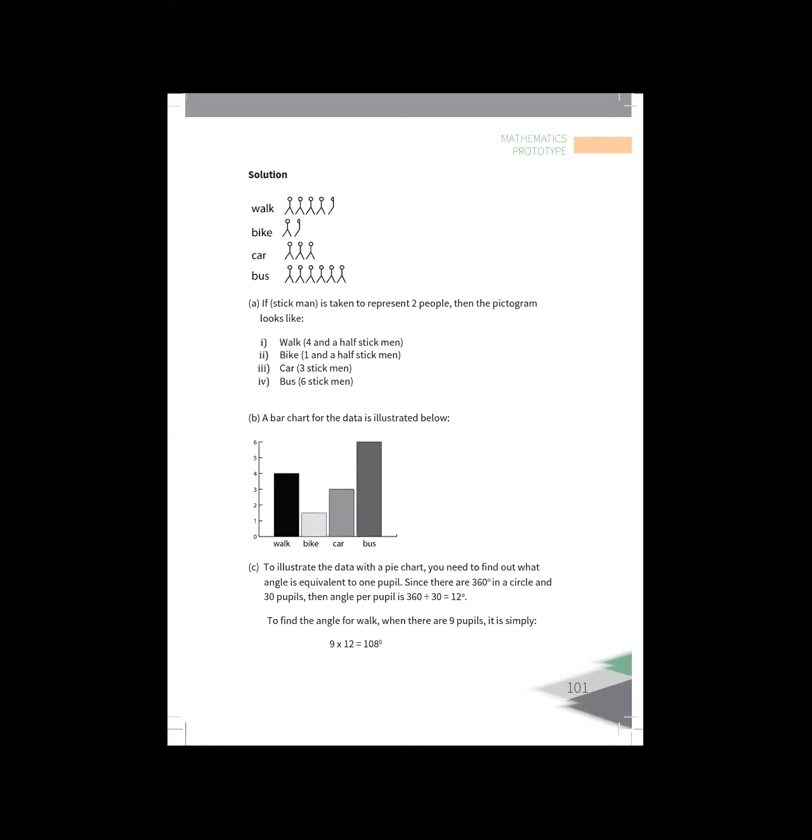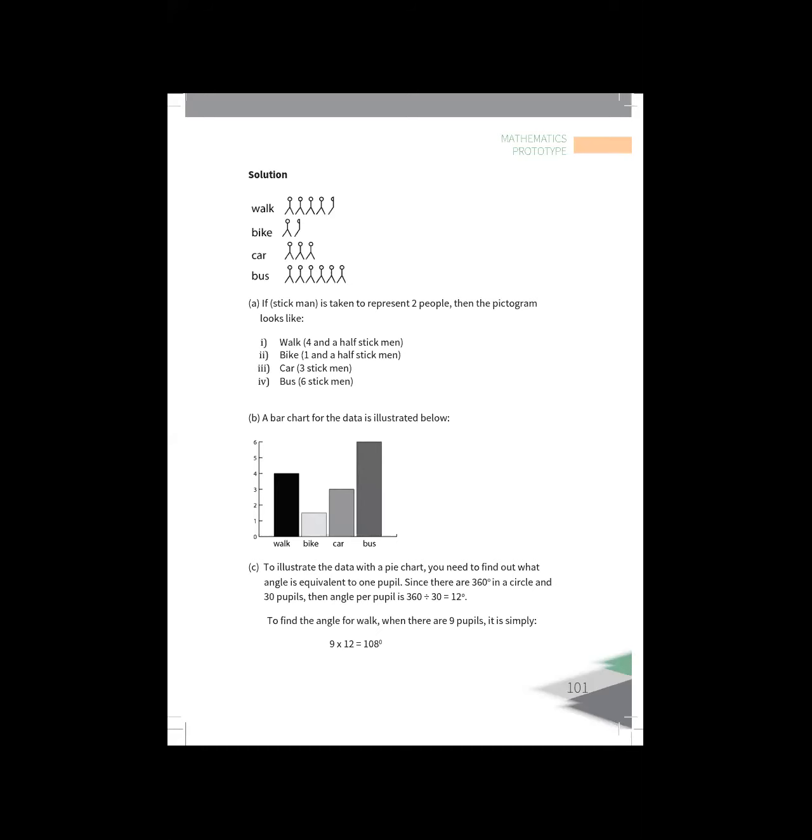Then for the bike, you multiply a half times 3 to give you 1.5. That's why they drew 1.5 stick men. Then for the car, you multiply a half times 6 to give you 3. That's why they drew 3 stick men for car. Then for bus, you multiply a half times 12 to give you 6.